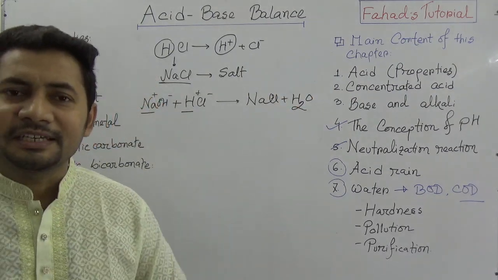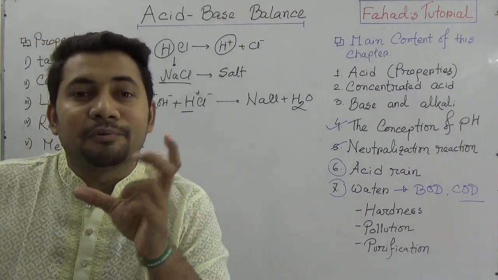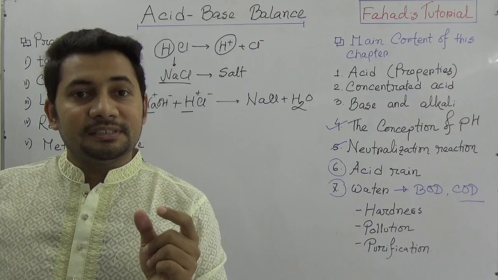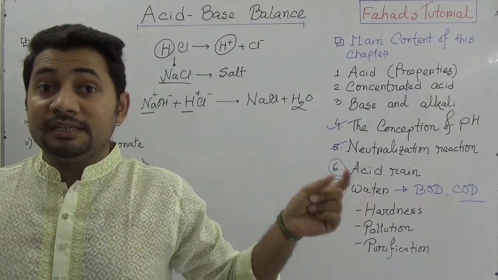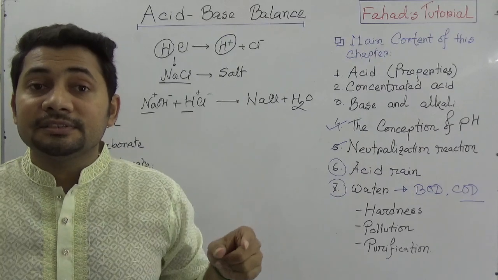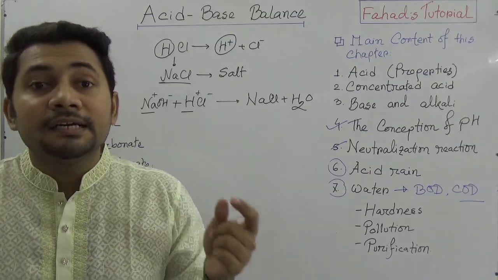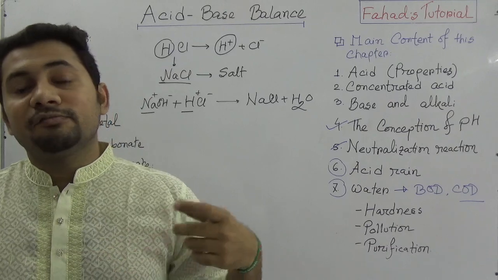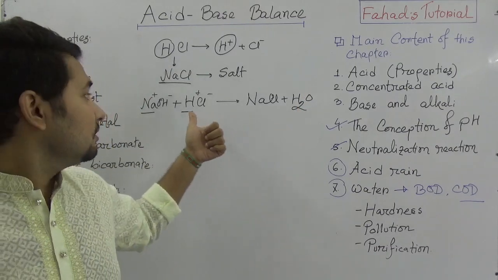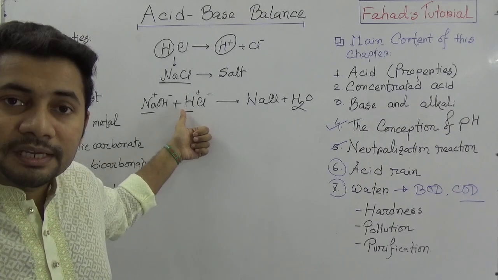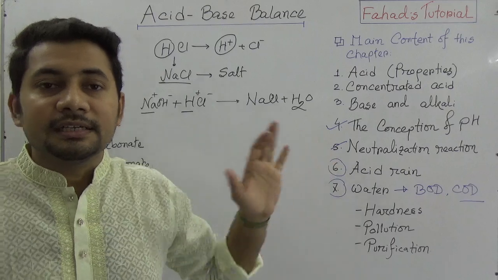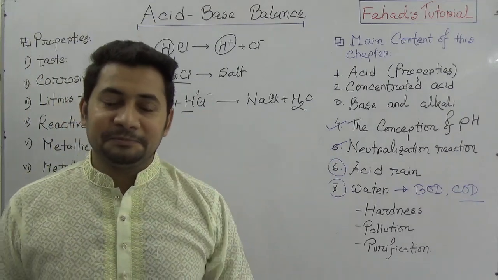So simply we can define acid in a broader way: those compounds that dissociate hydrogen ion when dissolved in water, whose hydrogen can be substituted by a reactive metal or radicals to produce salt, and which undergo reactions with base and produce salt and water. They are known as acid.